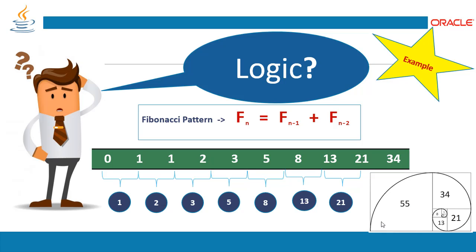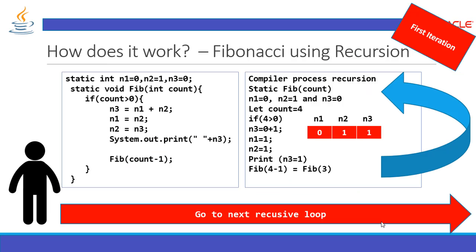This type of pattern explains and gives you the growth of a system and the behavior of a system. Now how does it work? Let's take a look at the logic. The Fibonacci sequence is a pattern which can be implemented in a number of ways. So far we have learned do while, for loop and for each loop.